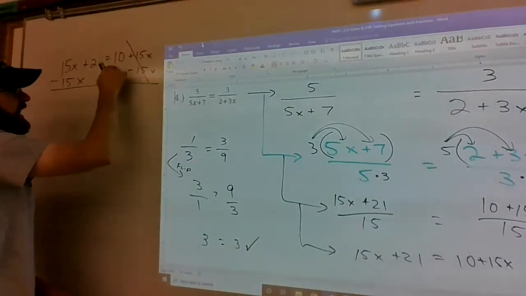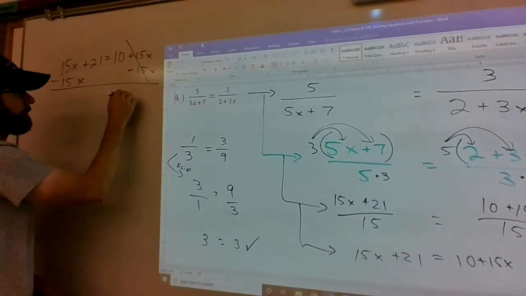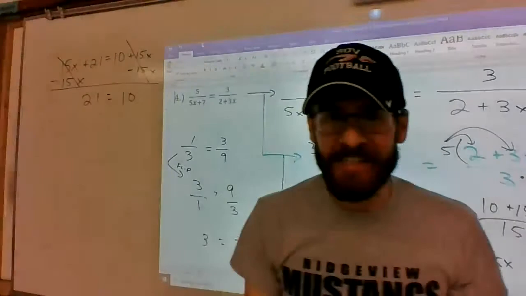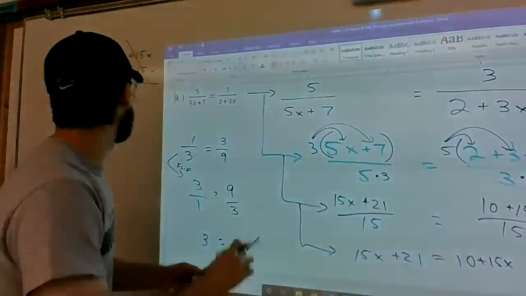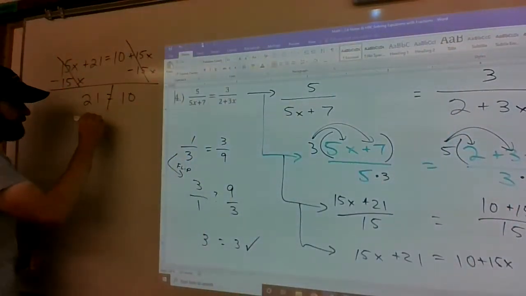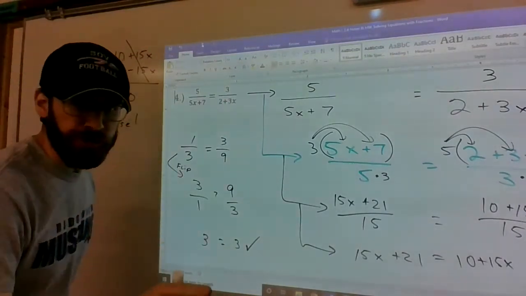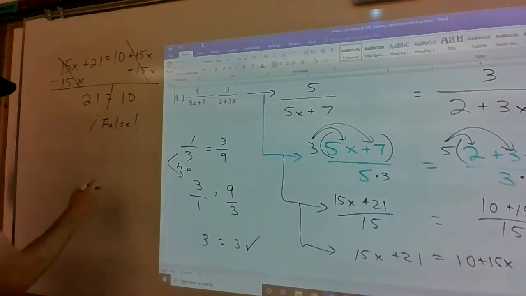This is 10 plus 0. This is 0 plus 21. 21 does not equal 10. False. Our conclusion would be that there's no solution.